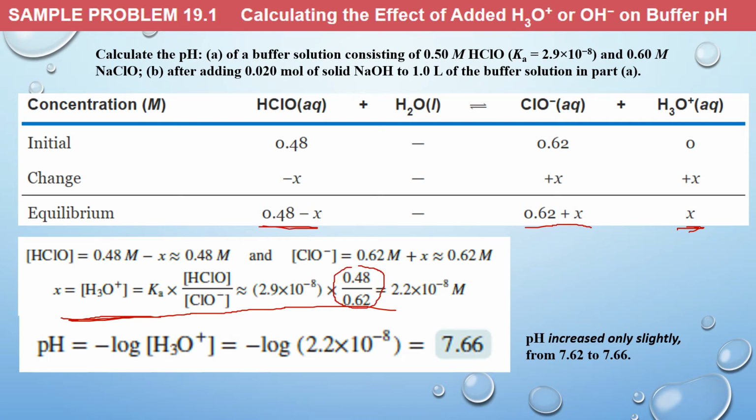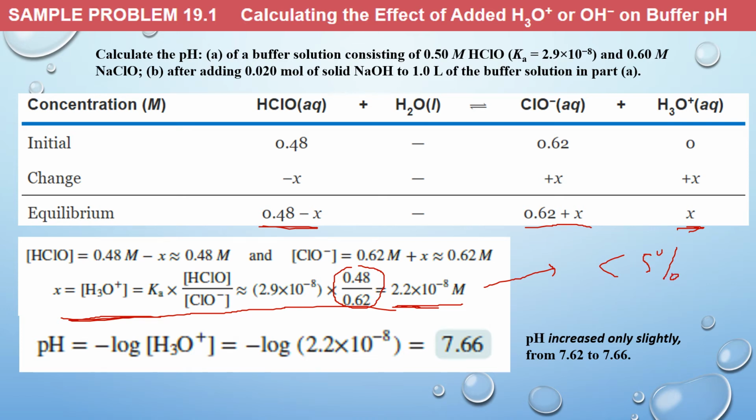So we calculate the proton concentration is going to be equal to 2.2 times 10 to the negative 8. Again, here I didn't do it, but you can also justify your assumption. You can divide this concentration by 0.48 and 0.62, and the percentage is way less than 5%, so that means our assumptions are valid.